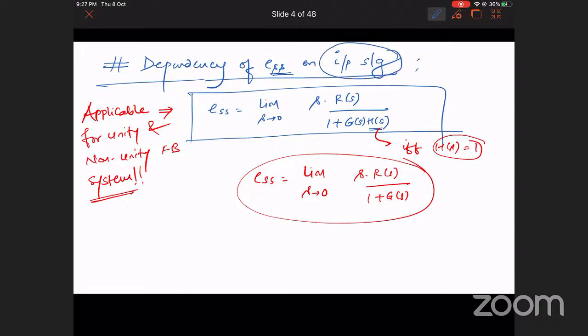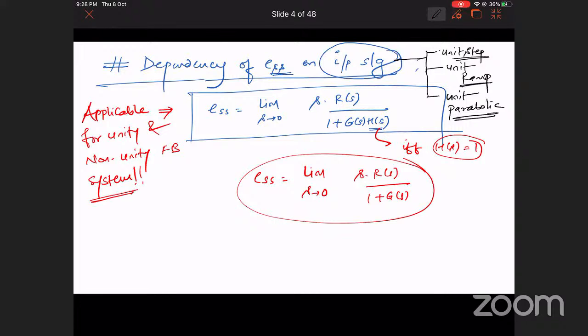The input signals which I'm going to take are a unit step, then a unit ramp, and at the end a unit parabolic. Let me correct, not unit impulse but unit parabolic. For these three types of input, we are going to see the variation of ESS: unit step, unit ramp, unit parabolic.